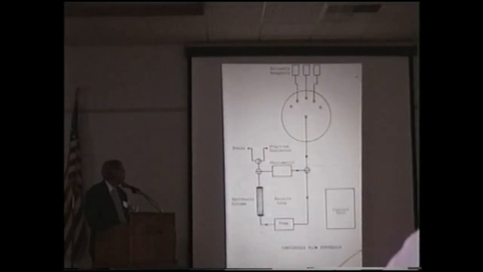And there are all kinds of other variations of this, where you put the resin on a belt, and you run the belt through solutions and so on. So with the mechanized system, then we could look at the protein.